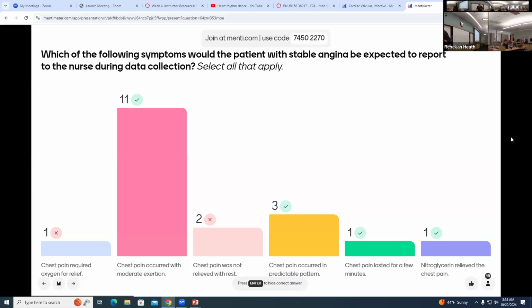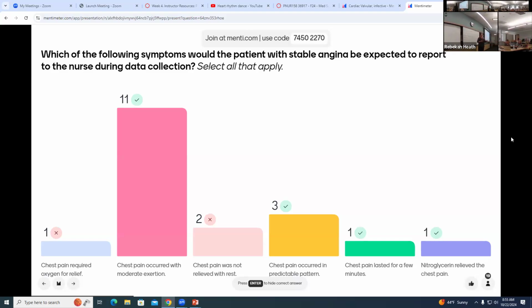Now, do you guys know how we give nitroglycerin? Sublingual, and there are patches too. Sometimes people can have a patch, but typically when we're giving it for coronary artery disease, if they start having chest pain, it's sublingual. So we say, if you start having chest pain, you should take this.